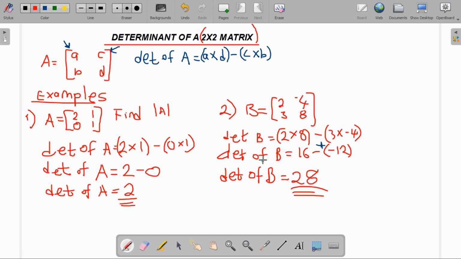Apart from these scenarios, let's talk about other scenarios.